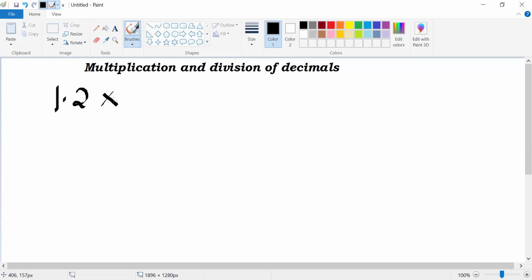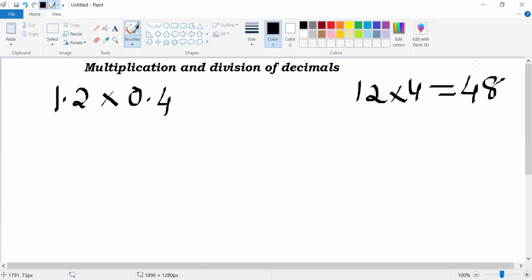1.2 into 0.4. You just multiply these two numbers without considering the decimal. That means simply multiply 12 into 4, and 12 into 4 is 48. Now count how many decimal places total are there. Here one decimal place, here also one decimal place.